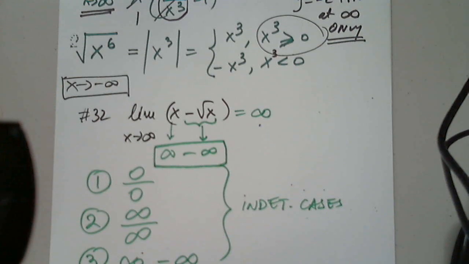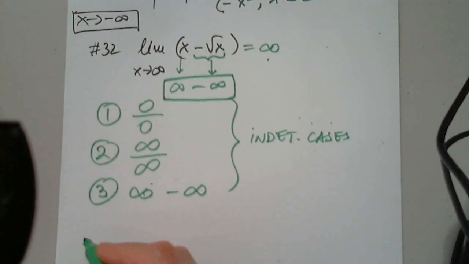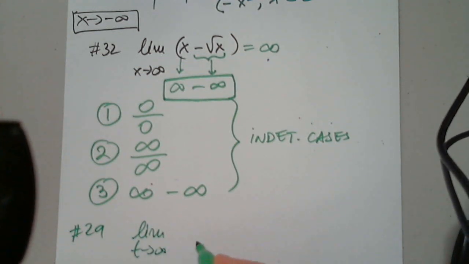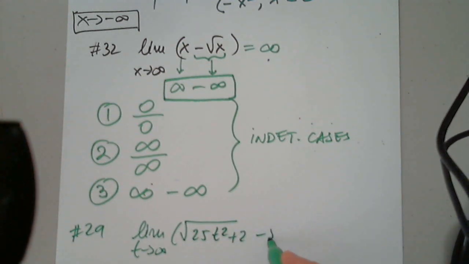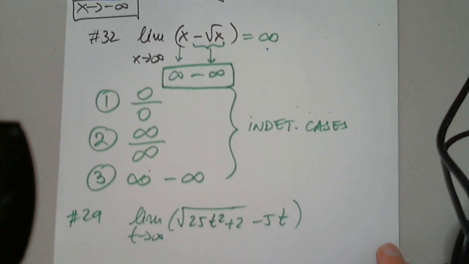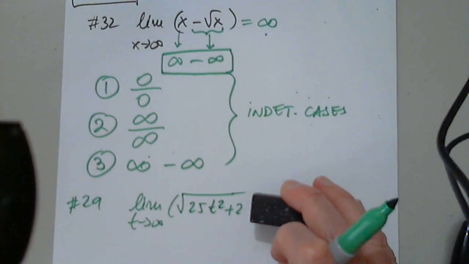Now, a similar situation, that's why I wanted to pick this first. A similar situation, for example number 29, which is the limit as t approaches infinity of the square root of 25t squared plus 2 minus 5t. This is a different situation. I'm asked to find this limit.